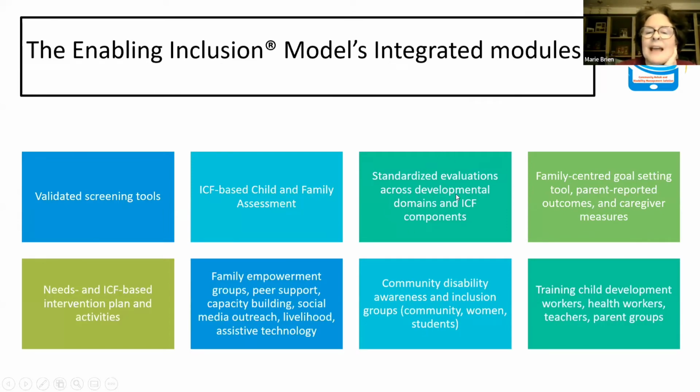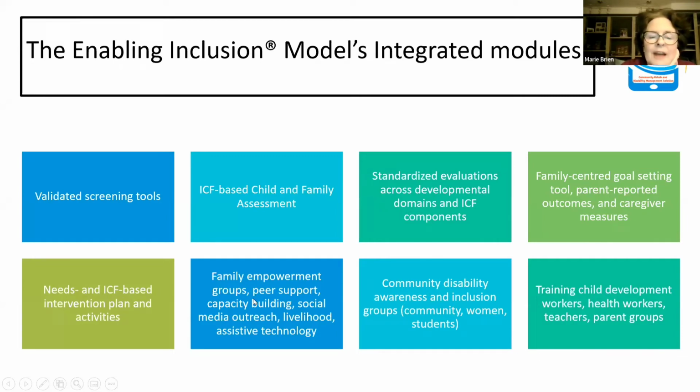We also have standardized evaluations that go across various developmental domains and ICF components. Top right, we also have family-centered goal-setting tools. We also have parent-reported outcomes and caregiver measures, because we also care to know how the family is doing. We also have an intervention plan, which is needs-based and also based on the domains of the ICF.